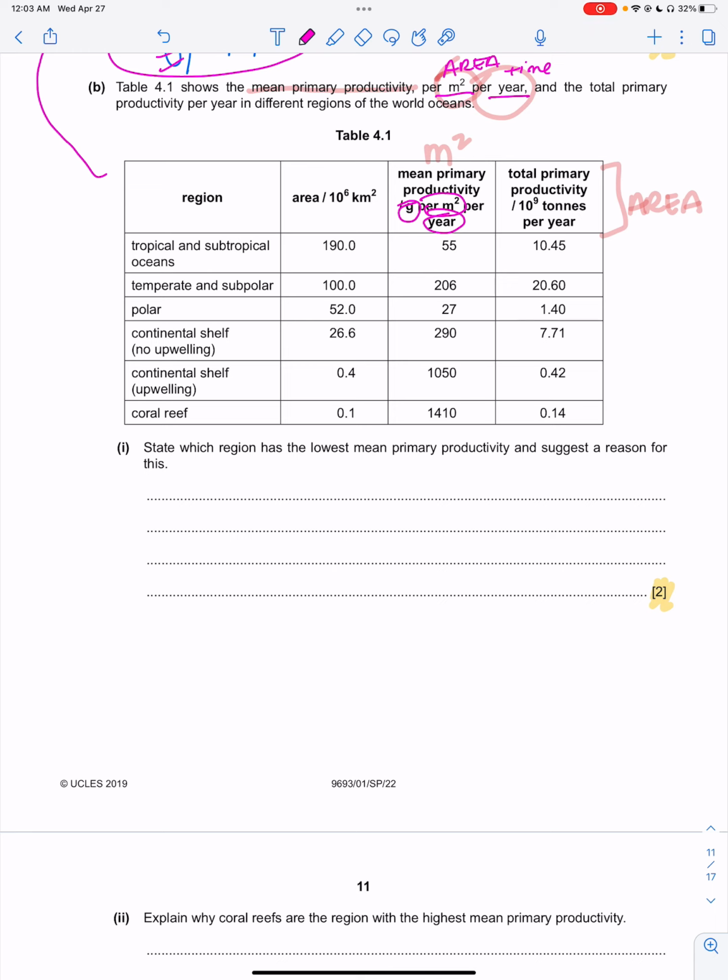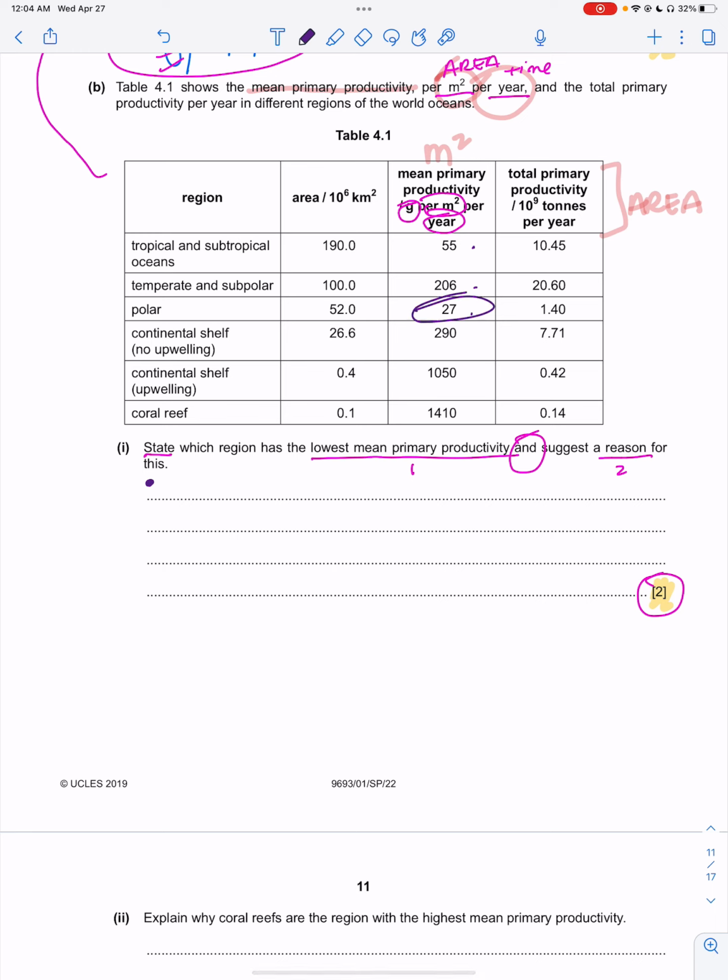Anyway, okay. State which region has the lowest average primary productivity, and so that's your 1 mark, and suggest a reason. That's the second mark there, and it's 2 marks. Suggest a reason for this. Okay. Lowest average: 55, 206, 27, 290, 1050, 1410.